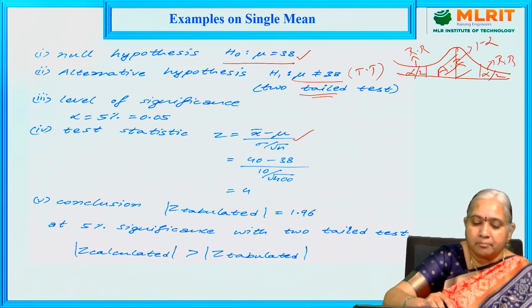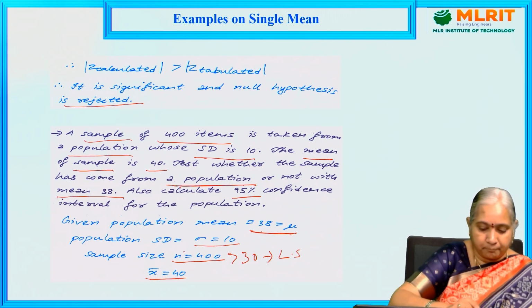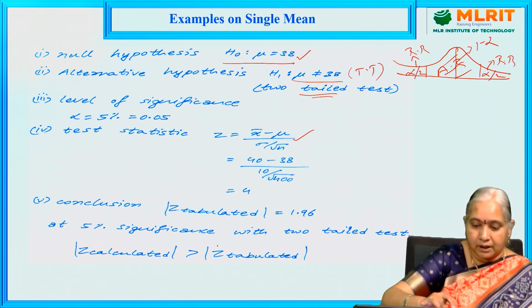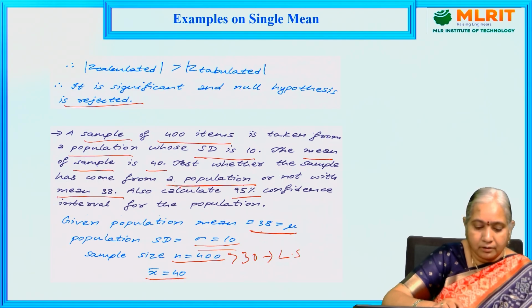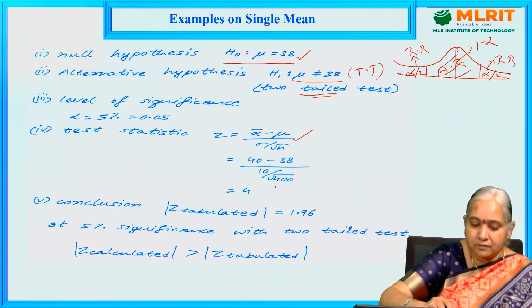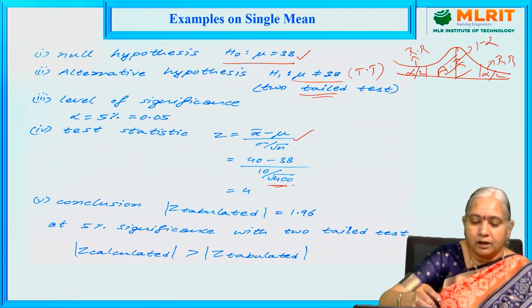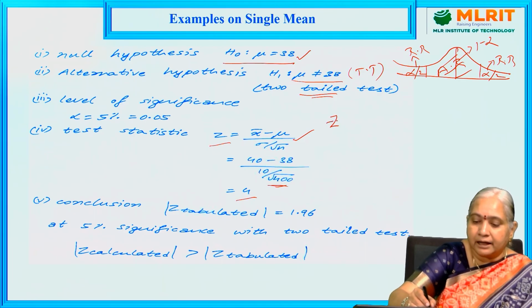So 40 minus 38 by sigma, the population standard deviation, which is 10, by root of the sample size n equal to 400. After calculation, we get the Z calculated value as 4.